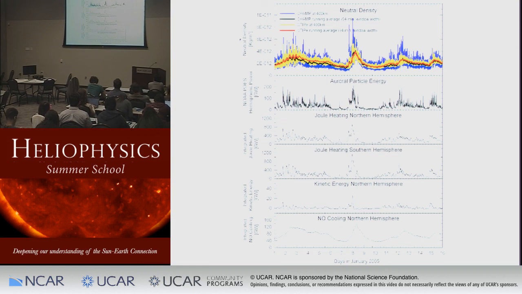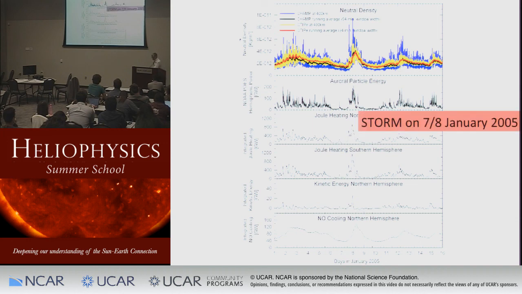And what you'll notice now, if you look carefully, the geomagnetic inputs eventually cut off, but the cooling goes on for several more days, a couple of days. And that's kind of how the process comes back to equilibrium. It takes several days after a major storm input. And it's not just through NO cooling, but that's an example.